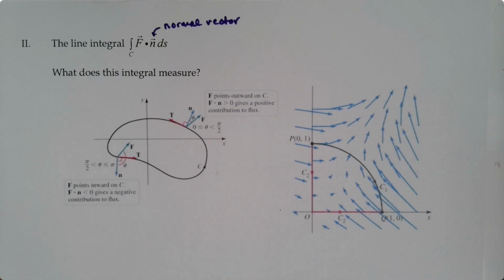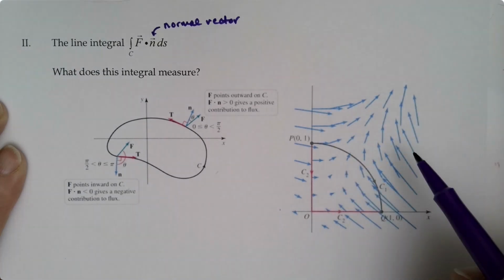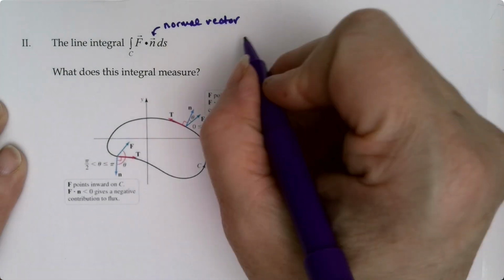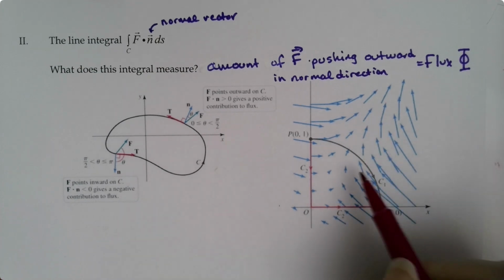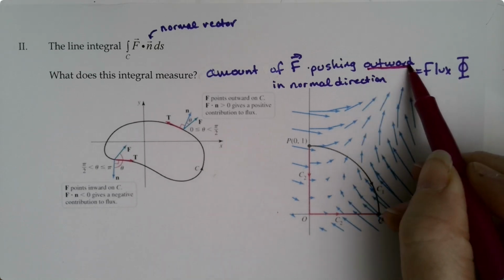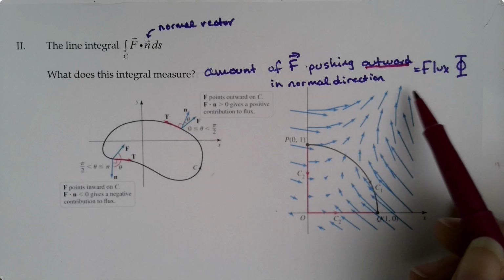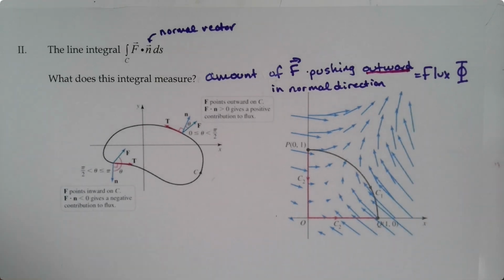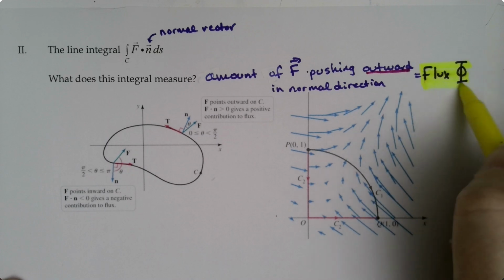This is going to give us the amount that the vector field pushes outward in the normal direction. It's how much of this vector field is pushing through in the outward direction. That's why we care about the outward normal vector. That's the one that we're going to use a lot. So it's how much it's pushing outward, and that's called flux. It's how much the vector field is permeating or pushing out.